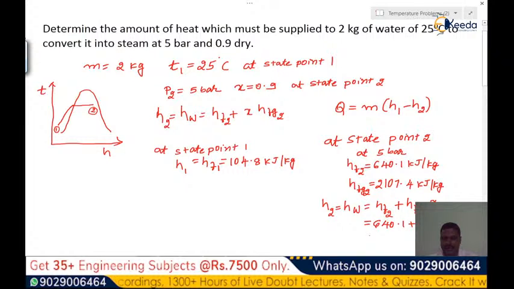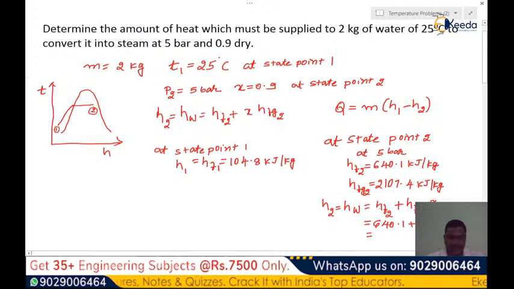Let us calculate this value, and that becomes 2536.76 kilojoules per kg.